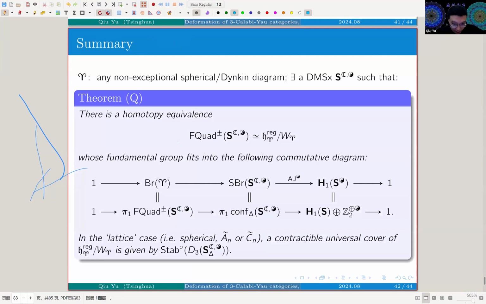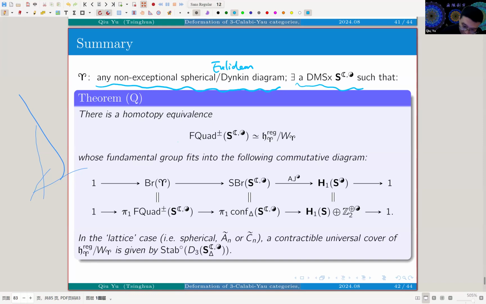So let me summarize the results in this form. If you give me any non-exceptional finite or Euclidean Dynkin diagram, so it should be a spherical or Euclidean Dynkin diagram, then I can find you a surface with marked points, with decoration, with punctures, and I also need to tell you the partition of the punctures.